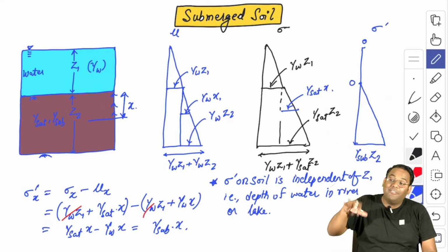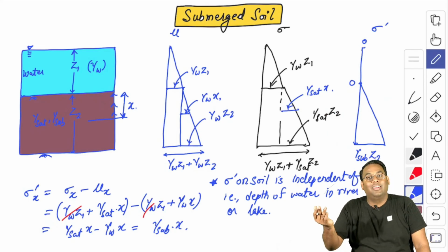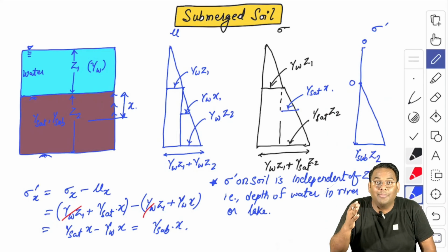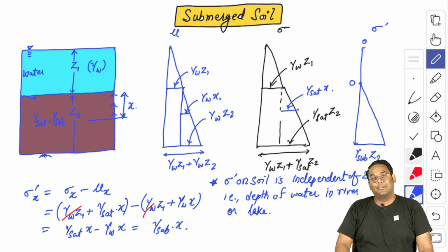That means whatever the water level in the lake or river, it will not affect the properties of soil, because it will not affect the effective stress of soil.